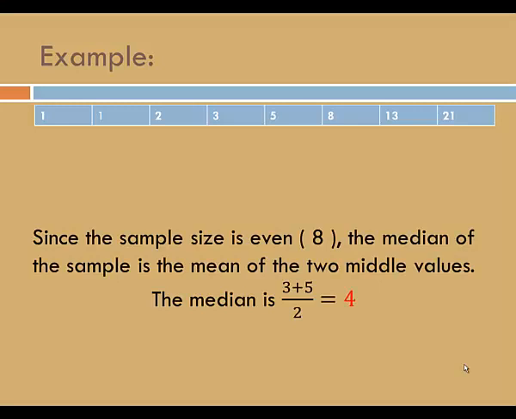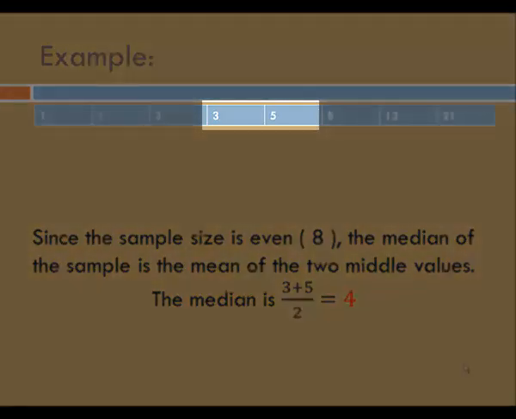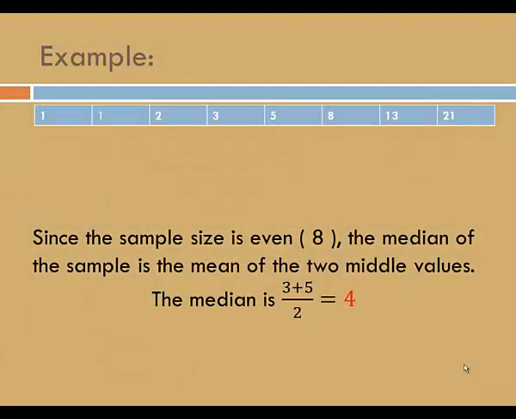Since the sample size is even, the median of the sample is the mean of the two middle values. In this case, the two middle values are 3 and 5. So we'll add these together and divide by 2, and we find that the median is 4.